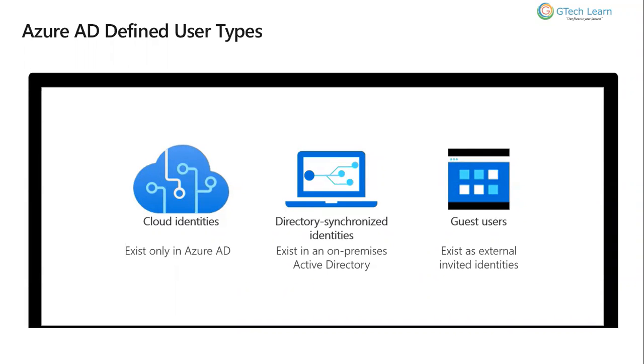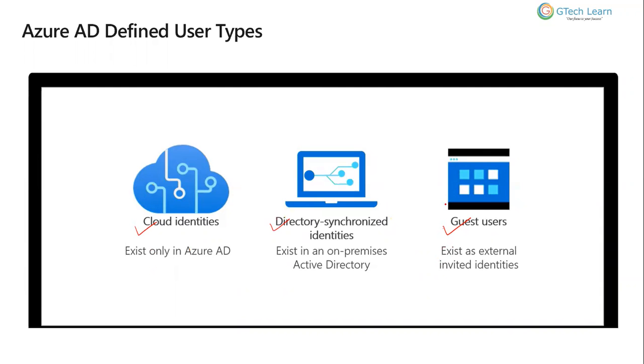So what are those users? In the Azure Active Directory we can have three different types of users. The first one is cloud identity, the next one is directly synchronized identity, and the last but not the least is guest user, which is present in the Azure Active Directory.